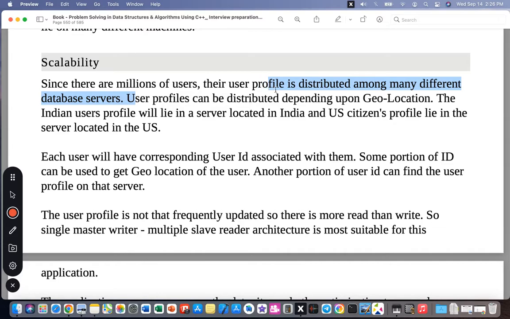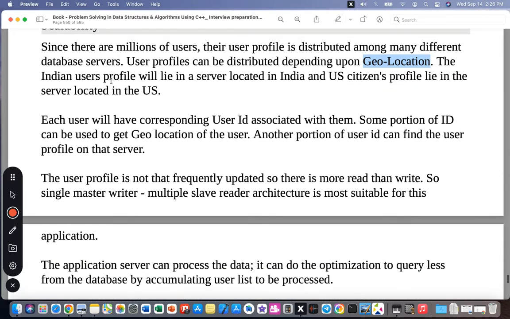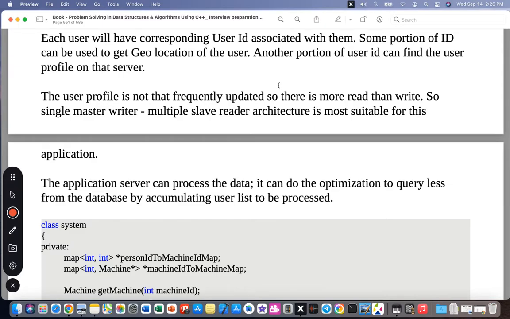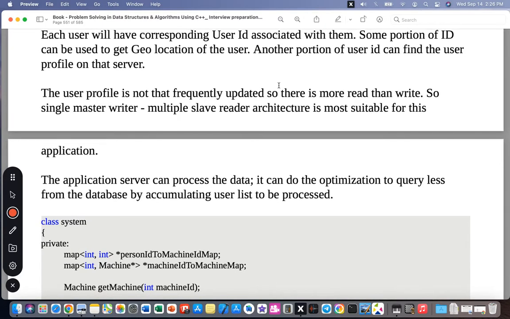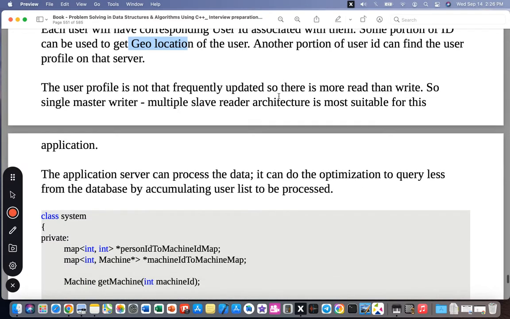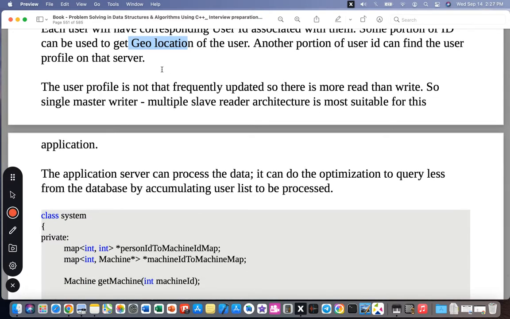User profiles can be distributed depending upon the geographic location. The Indian user profile will lie in a server located in India, and US citizens' profiles lie in a server located in the US. Each user will have a corresponding user ID associated with them. Some portion of the ID can be used to get the geolocation of the user, and another portion of the user ID can find the user profile on that server.